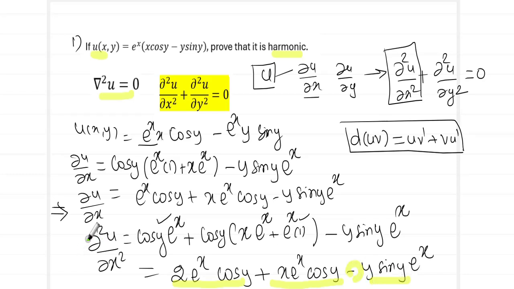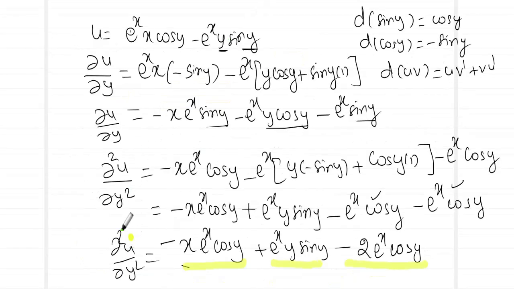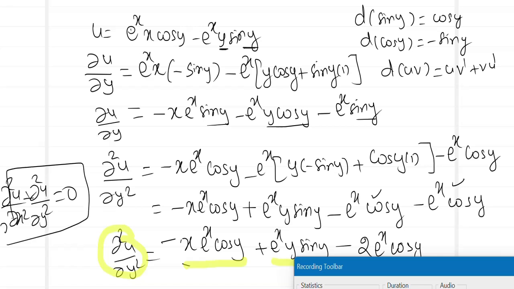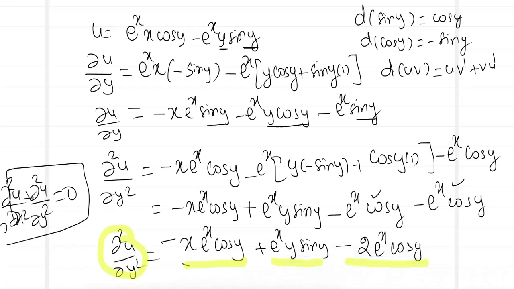So what is the idea? When I add dou square u by dou x square and dou square u by dou y square, what will we be getting? We will be getting dou square u by dou x square plus dou square u by dou y square equal to 0. So what has happened over here? I have proved that the Laplace equation is true for my function u.